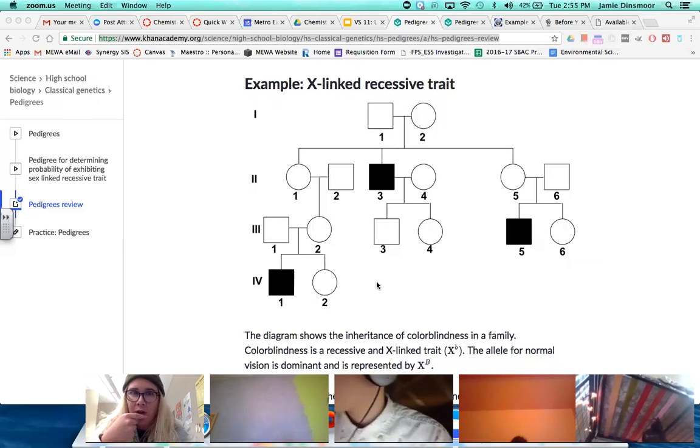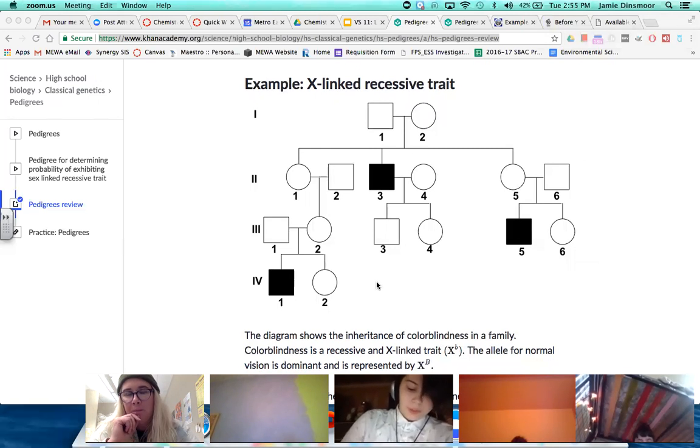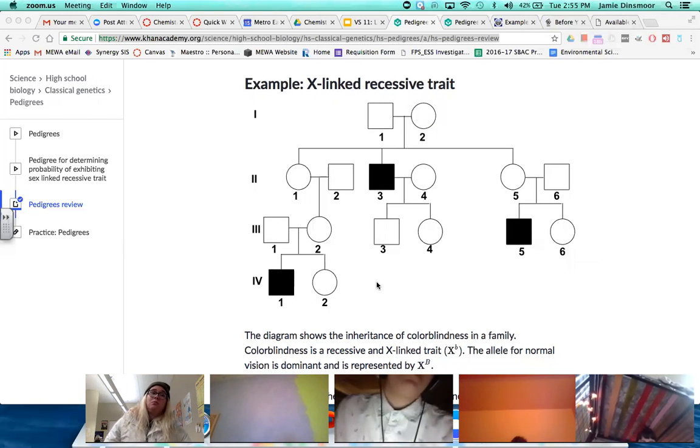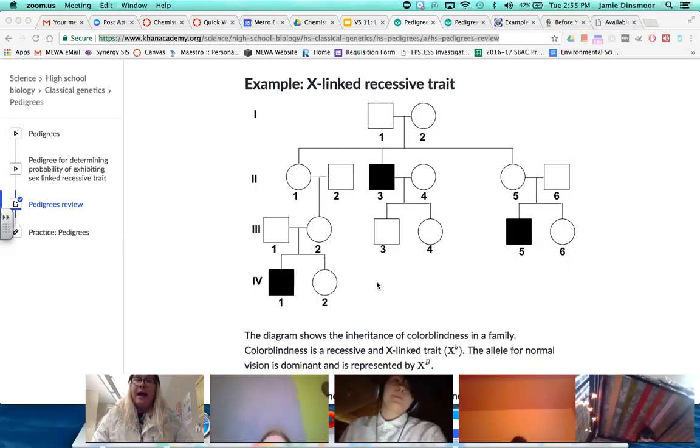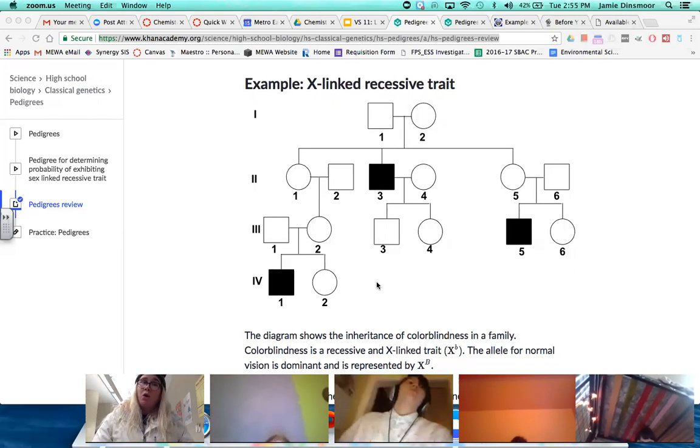Now, what else do you notice? Are females affected by this? Do any women in this pedigree have color blindness? No, right? Lane's right. They can have it, of course. Much more rare. In this case, though, we don't see any women having the trait.